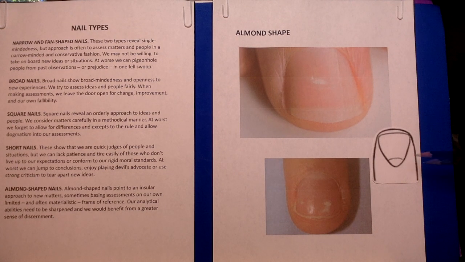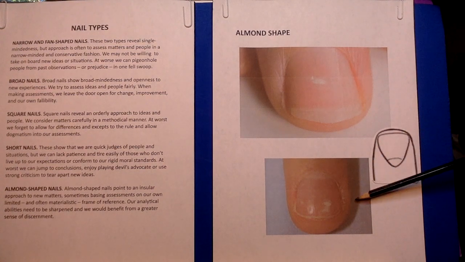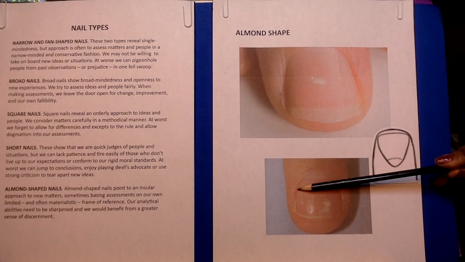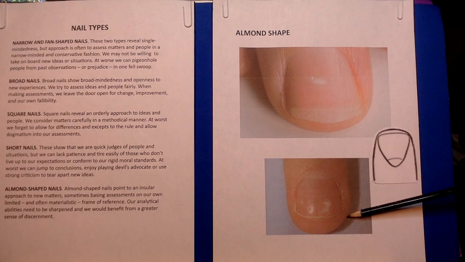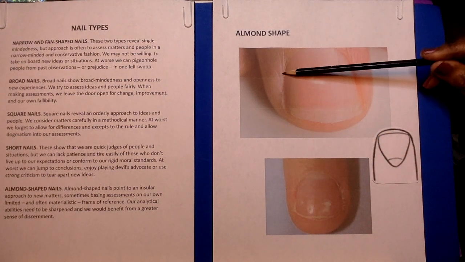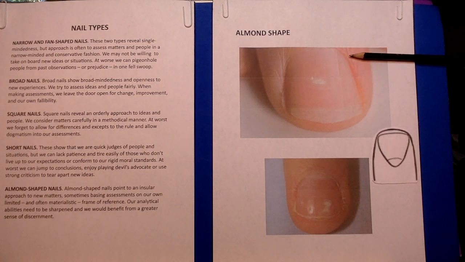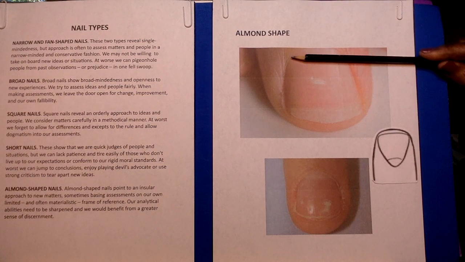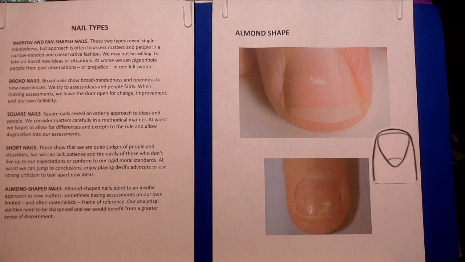Almond shape. And that's the diagram. You'll notice with it, look at this one. There's almost like a V. We don't see the top of this, but it's looping. You can certainly tell the difference with some of the others because the base is straight across. All right? So let's see what the almond-shaped nails represent.